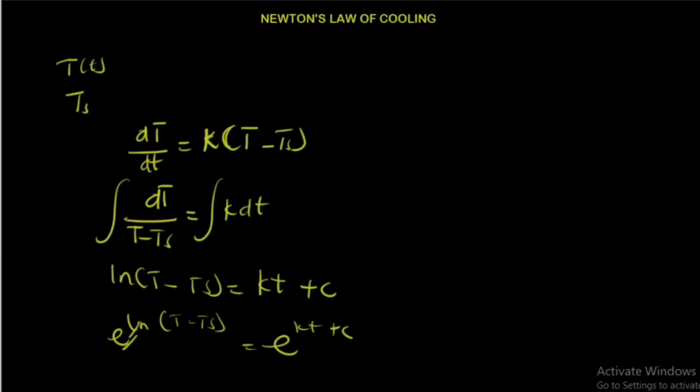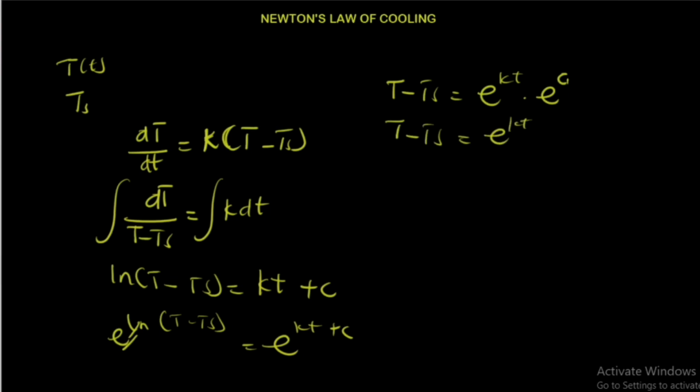So this cancels, and we have T minus Ts is equal to e to the Kt times e to the C. And we know that e to the C is the same as a constant.